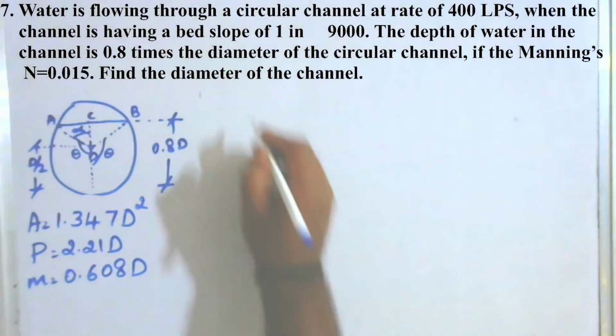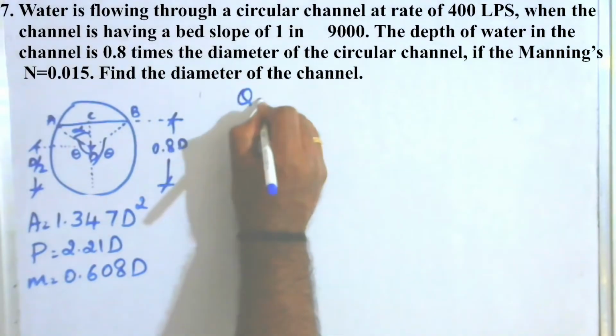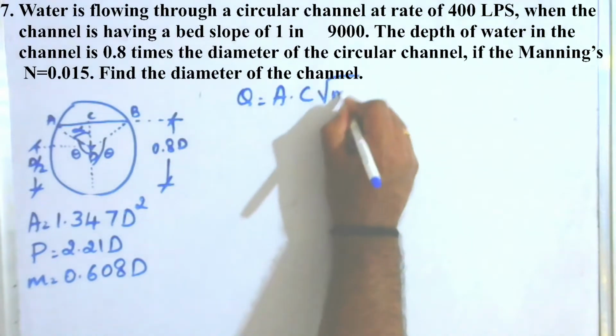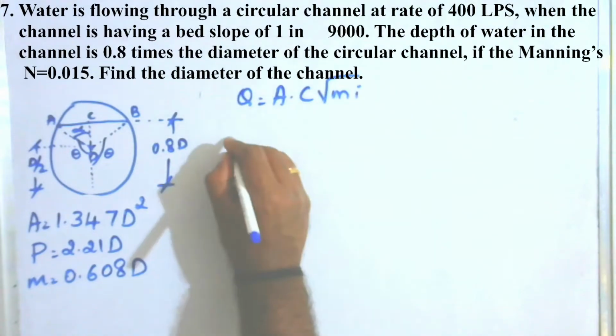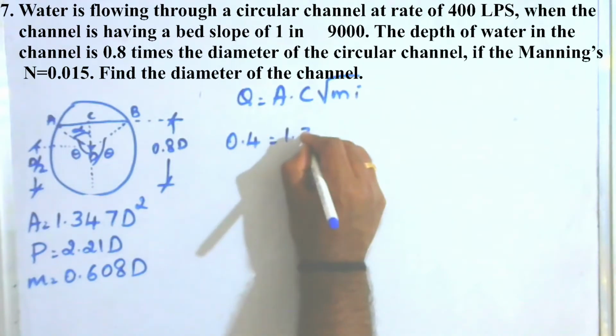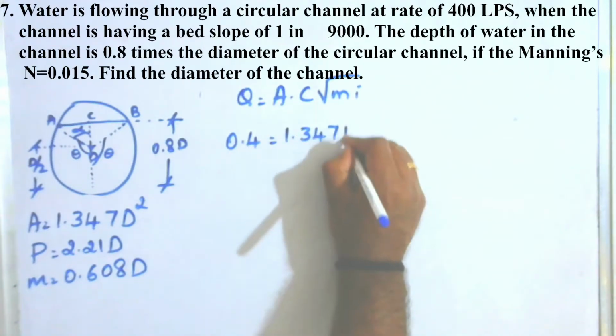Now I'll write the discharge equation, Q is equal to area into C root m I. The discharge is 0.4, the area is 1.347 D square.